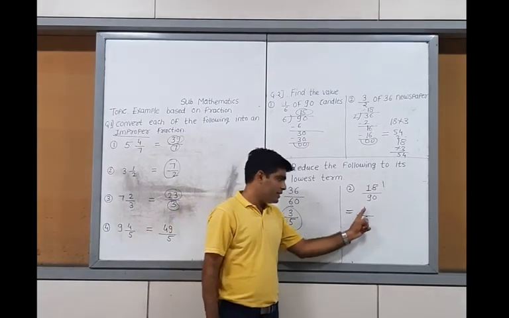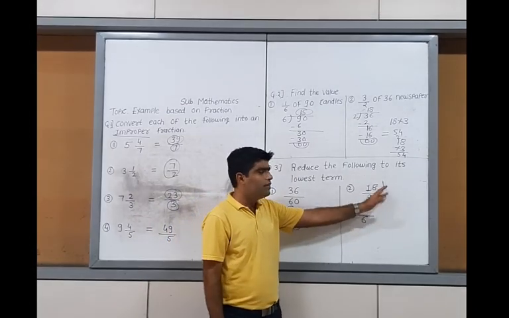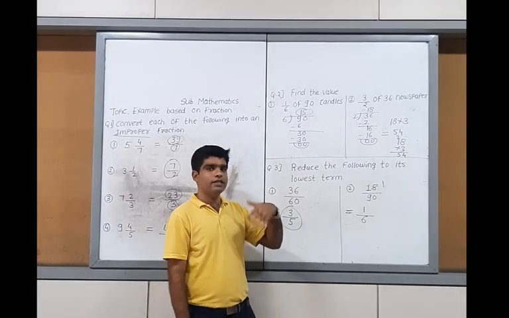Your correct answer is 1 upon 6. Otherwise, you can also divide by 3 and 5. This is also the lowest term.